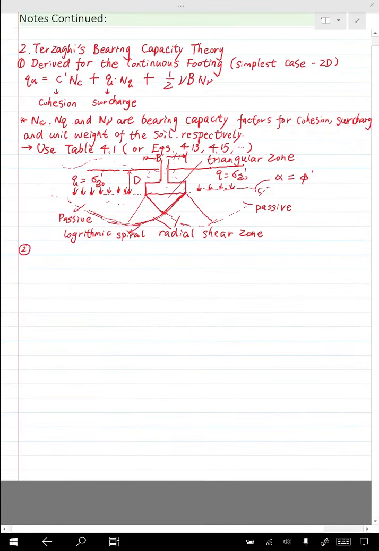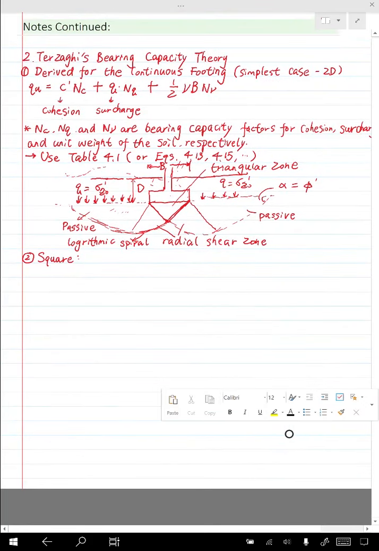And what if we have some other types of footing? For example, square. Square is more complicated than the continuous footing because it cannot be simplified into a 2D case directly. But people found that for the bearing capacity, we still have contributions from three parts: cohesion, surcharge, and unit weight. It's very similar, but the ratios of the three contributions will be different.